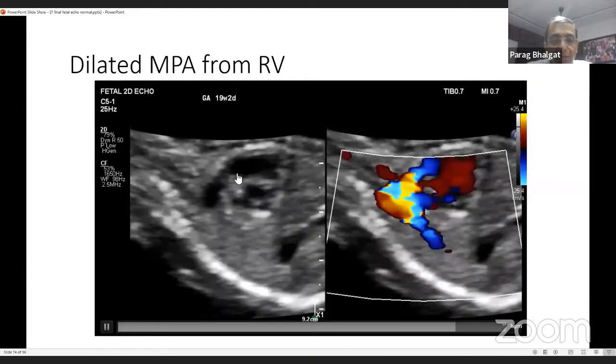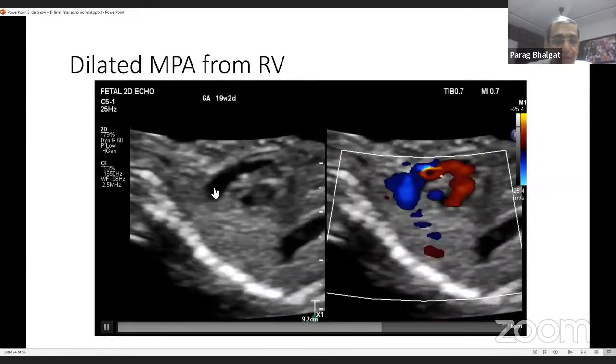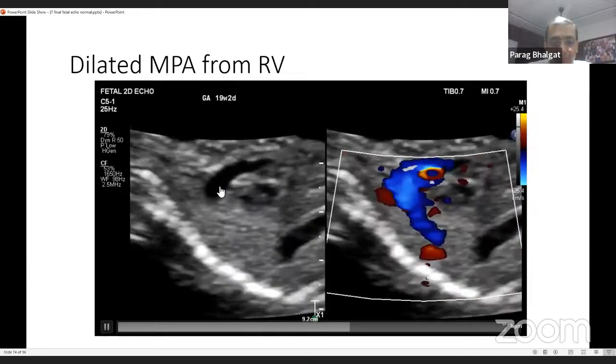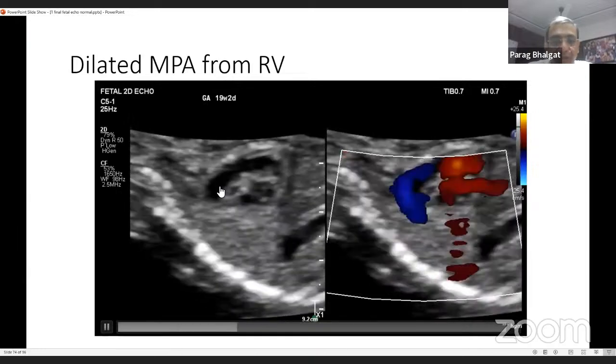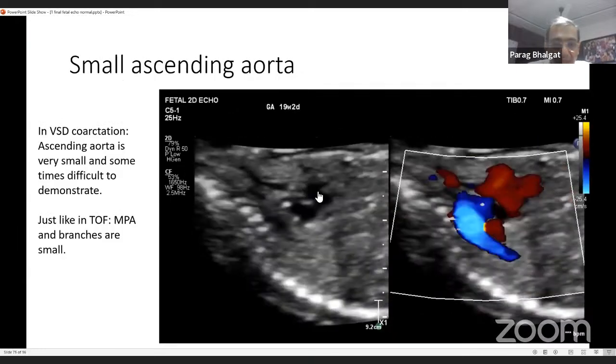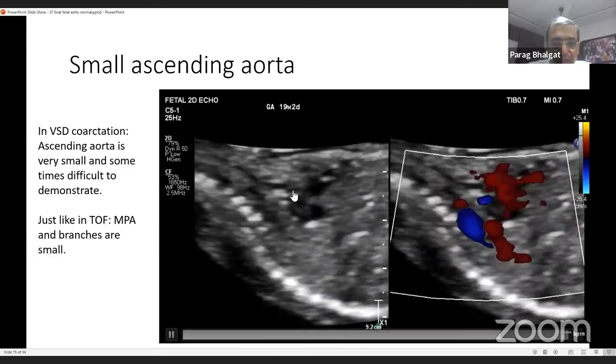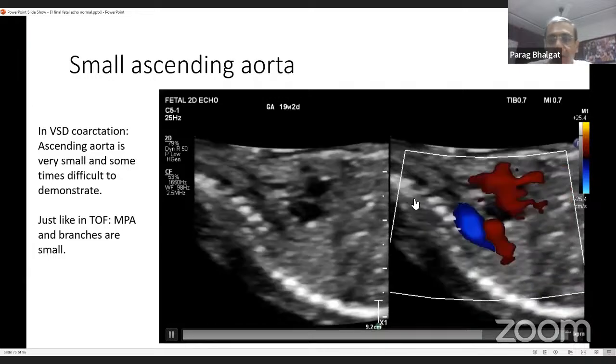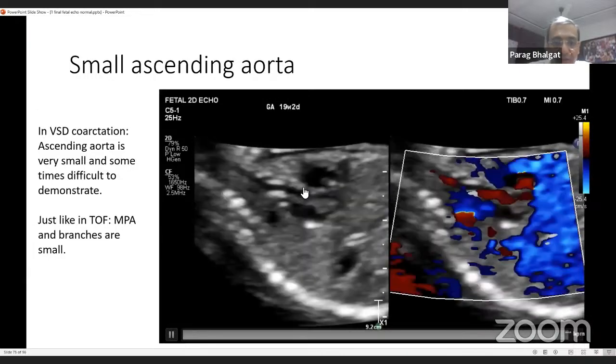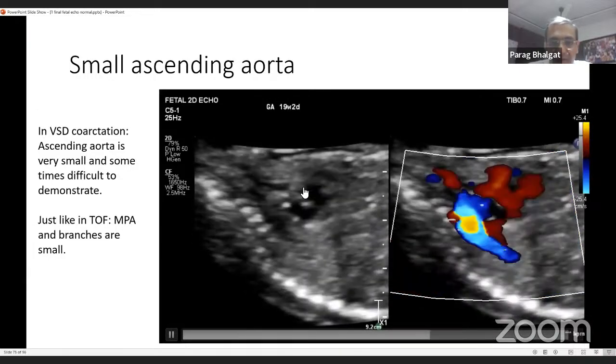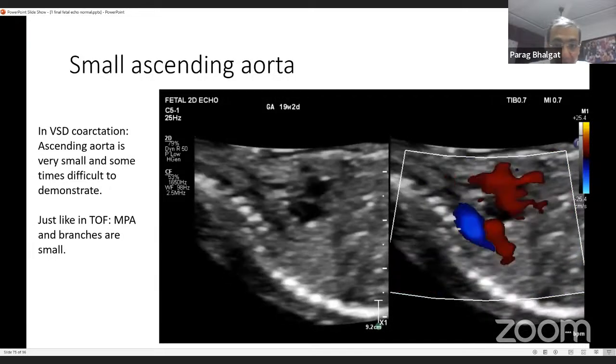Now this is the MPA with the ductal arch. Note the relative size of the main pulmonary artery. And now see the very thin string-like aorta. The aorta is very small, just a couple of millimeters. So sometimes it is very difficult to demonstrate the aorta.